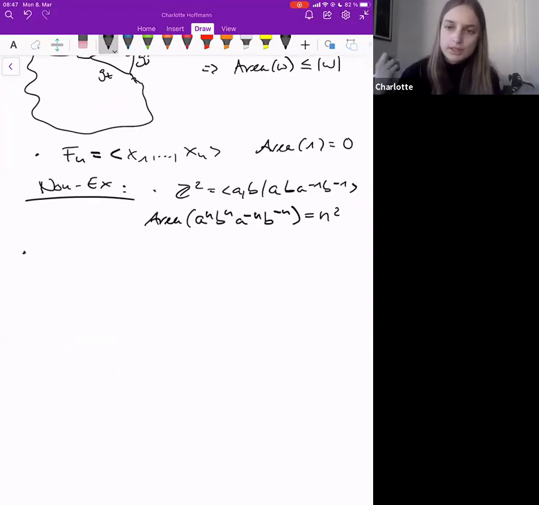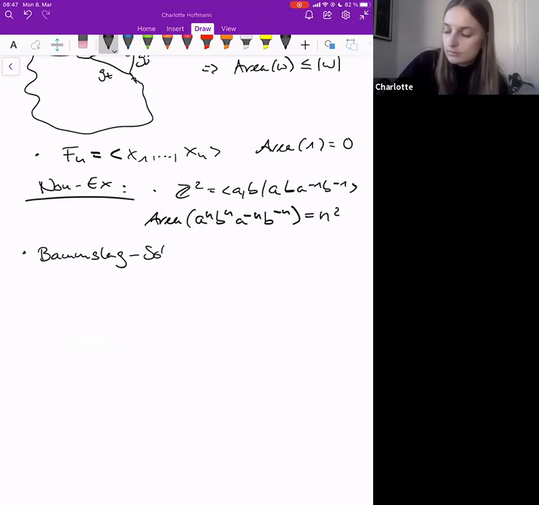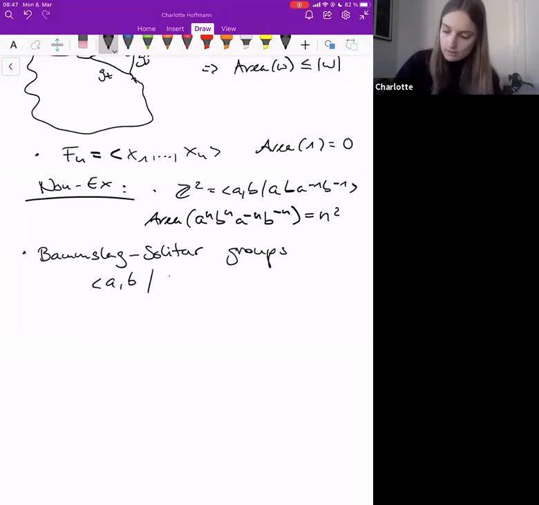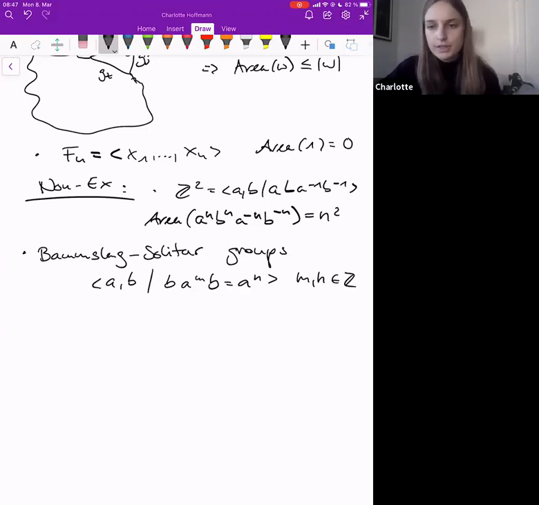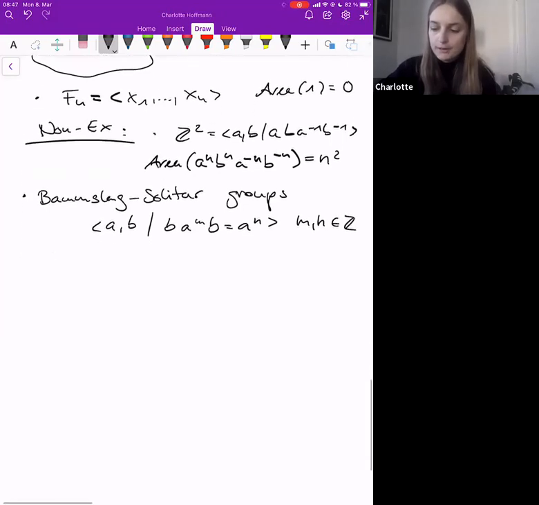More generally, you can say that all Baumslag-Solitar groups are not hyperbolic. Those are groups that look like this. I have the generators a, b, and then the relation b^{-1} a^m b is equal to a^n for some m, n in Z. So Z^2 is an example of a Baumslag-Solitar group, and you can actually show that none of those groups are hyperbolic.